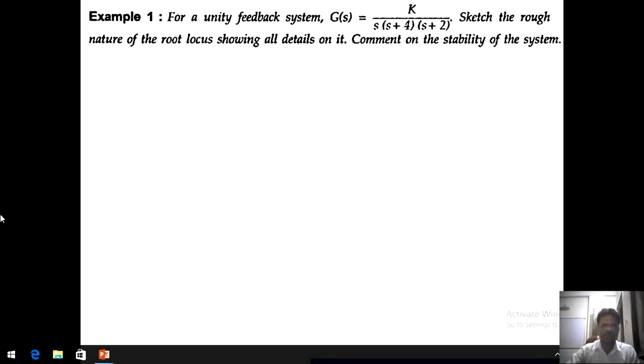Of course we will solve this numerical in the next lecture because time is very less, and we'll go with all steps one by one, right from rule number 1 to rule number 7. Try to predict which rule is applicable and which rule is not necessary for the given numerical. So be there for the lecture, and we'll stop here.